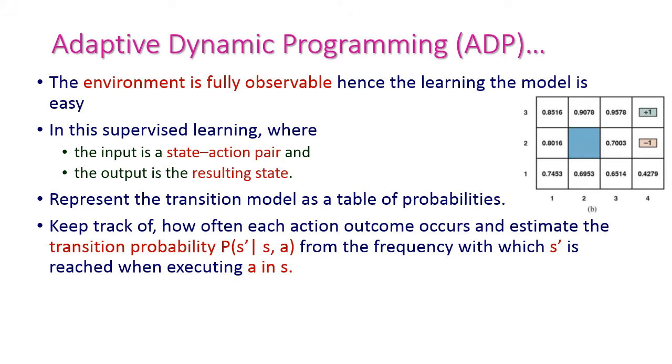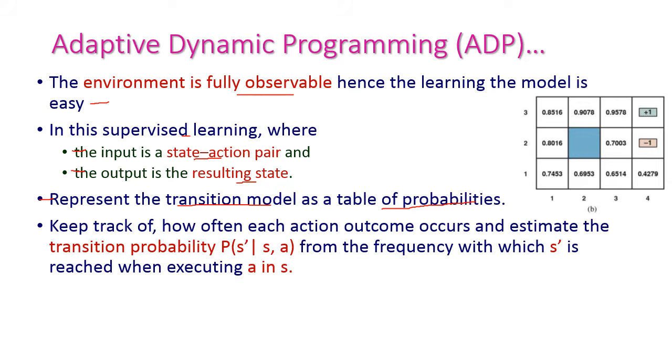In ADP, the environment is fully observable, hence the learning of the model is very easy. And here also we are going to adopt only supervised learning. Here the input is a state action pair, that is s comma a, and the output is the resulting state, that is s dash. And we represent this transition model as a table of probabilities.